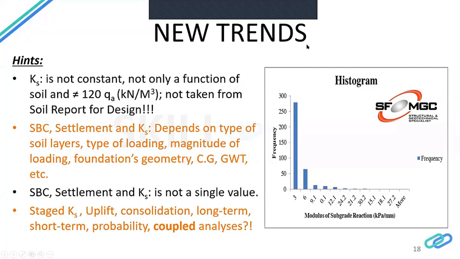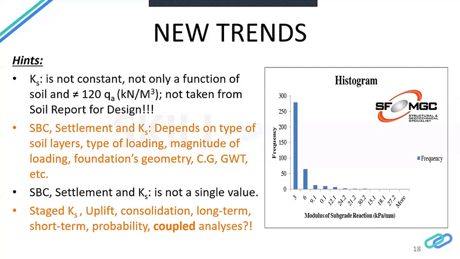So what is the histogram? Actually, it is the frequency of repetition of the values beneath the raft. For the modulus of subgrade reaction, you can see that the most predominant value is 3 kilopascal per millimeter, for example. But again, the averaging approach, or concluding directly that I will adopt 3, is not always healthy.